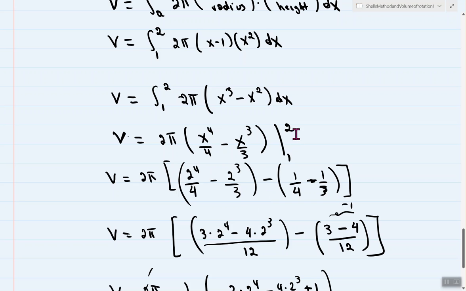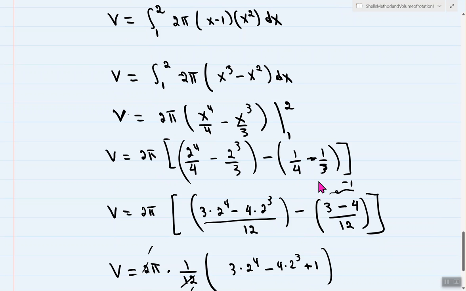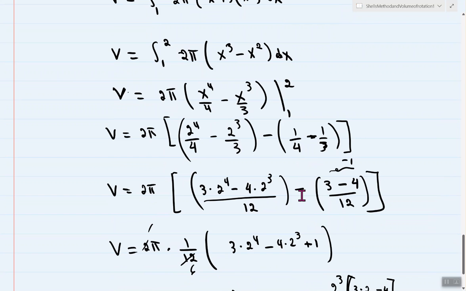Then we evaluate this expression from 1 to 2. We plug in 2 first, always the upper limit first, plug in 2 for x into the expression, minus, and then plug in 1 for x into the expression. Then we just work it out.